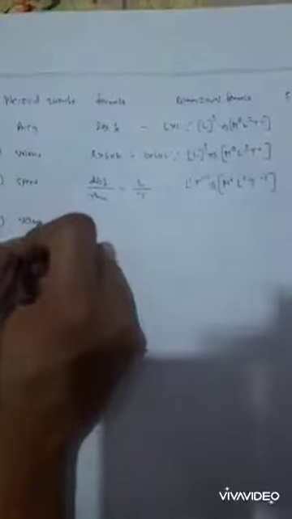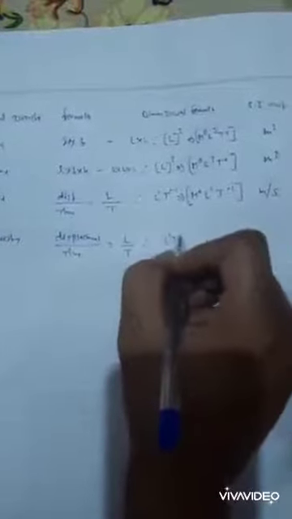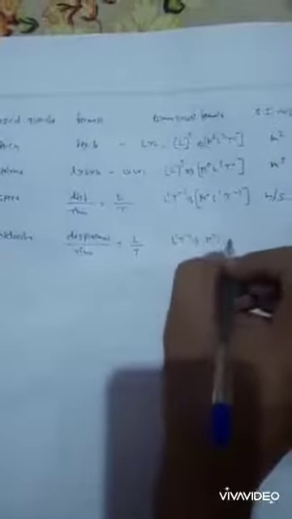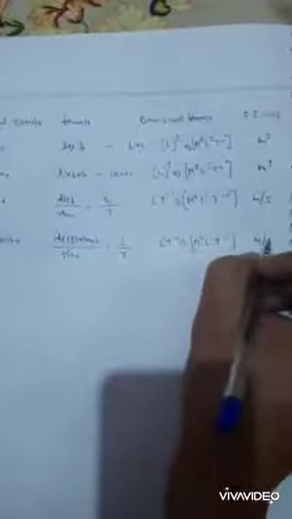If we talk about the velocity, so velocity formula is displacement by time. So for displacement we use L, for time we use T, so that will be L1 T minus 1, and the dimensional formula would be M0 L1 T minus 1 in meter per second. The SI unit of speed and velocity is same.